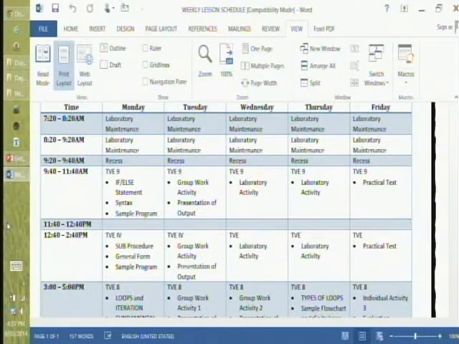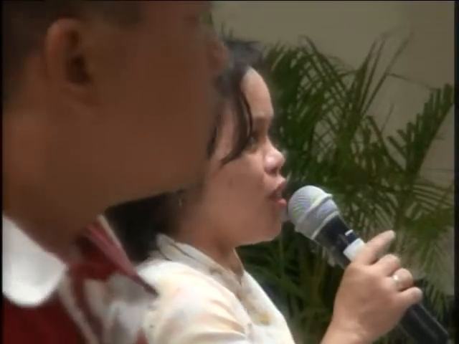Okay, so actually, the one you made is just a guide. In fact, it's stated there in the introduction that in case you are absent, your substitute teacher will know what specific subject matter is to be delivered for that particular day. That is separate from your lesson plan.